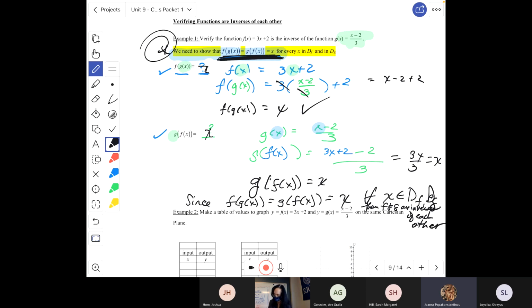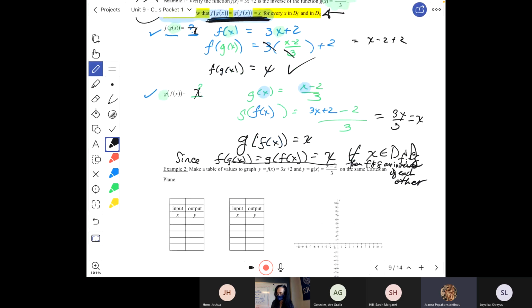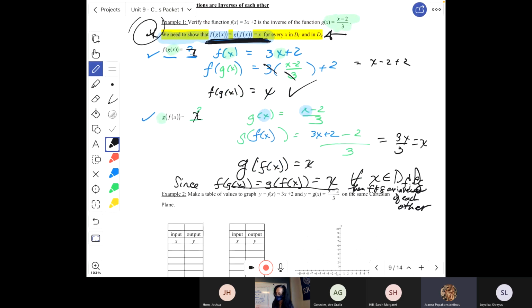Then for all x in the domain of f and in the domain of g. Do we have to write that, or can we just say, since f is... if you've stated it up here, then you can just state this and say they're inverses. Where would we have stated the other thing?